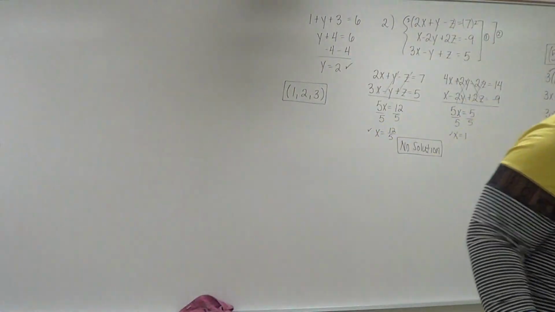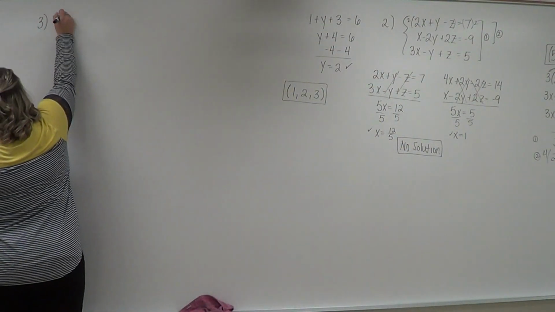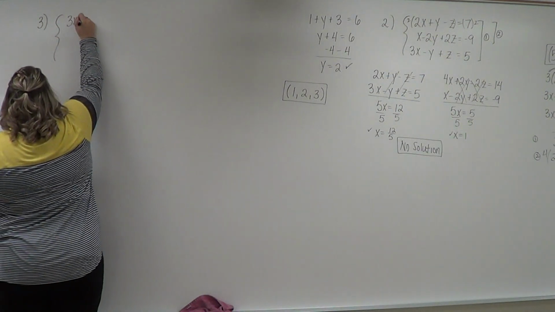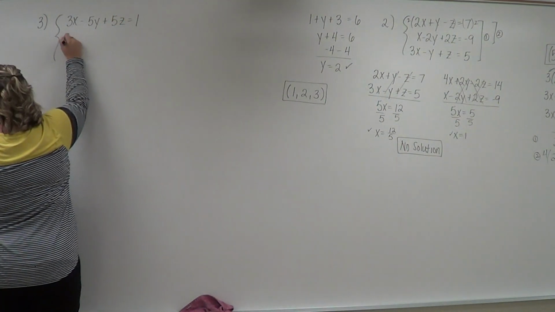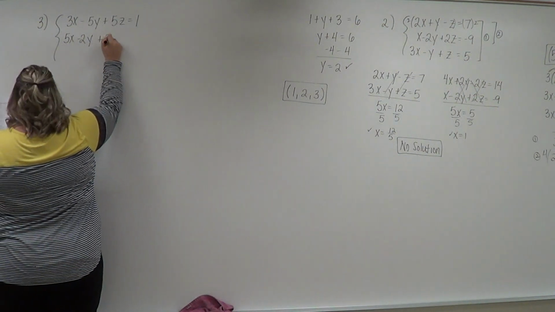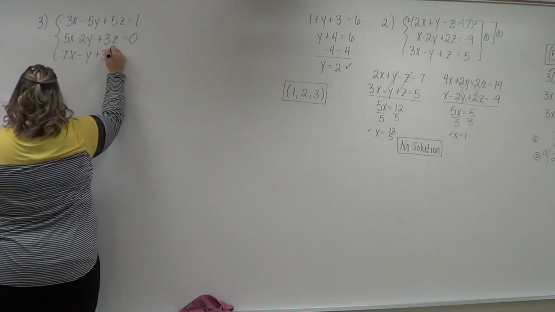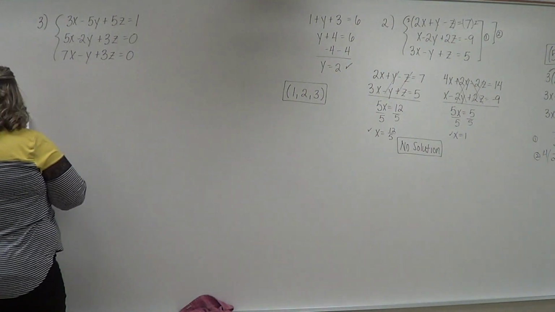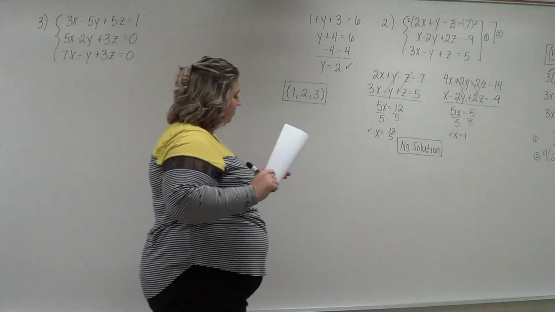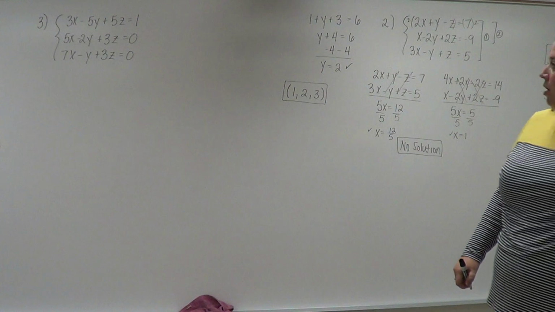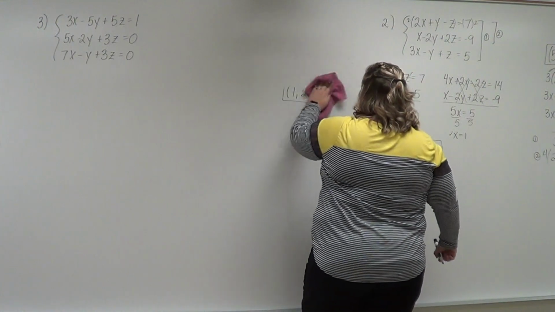All right, we're going to do one more. Okay, so first thing you want to do is figure out what variable you want to cancel, because I don't have one equation that just has two.